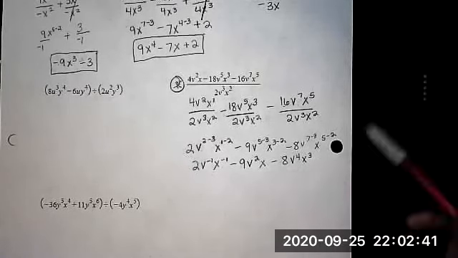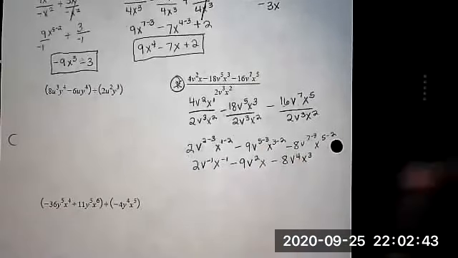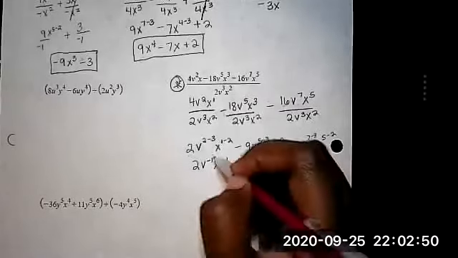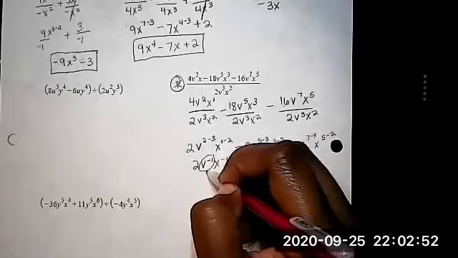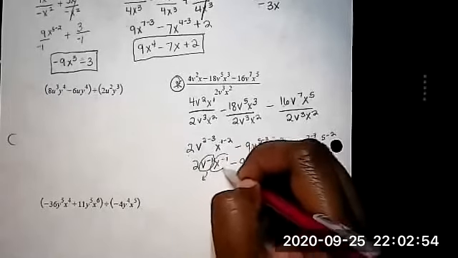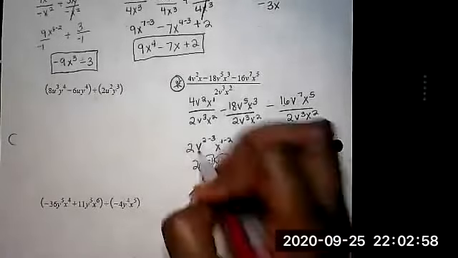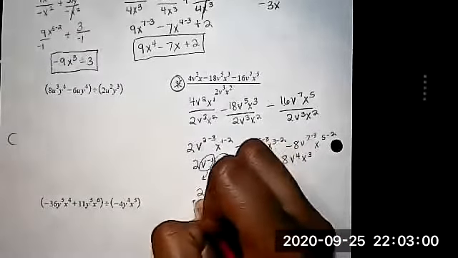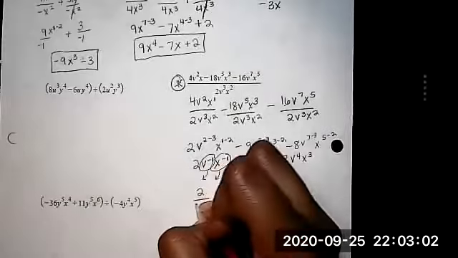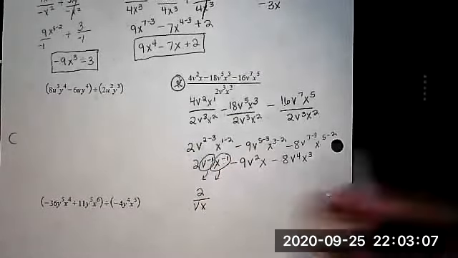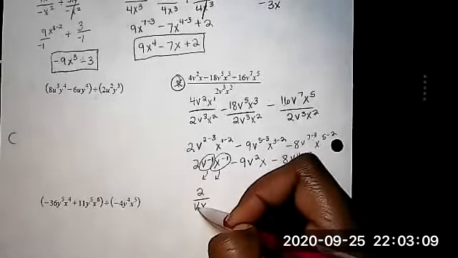I'd be okay with this answer, but we cannot have negative exponents in our answer. We did this one time earlier in another set of notes, but I wanted to show you that if it has a negative exponent and it's up top, it goes to the bottom. If it has a negative exponent at the bottom, it goes to the top and becomes positive. So your answer here is going to look crazy, but this is the answer. 2 over b and x, okay? Because that b has to go to the bottom and become a positive exponent.